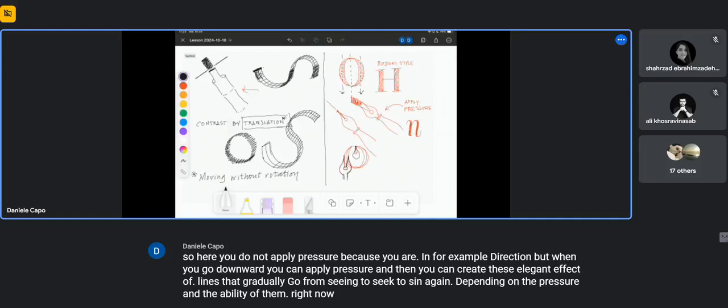Now, Noordzij calls this kind of contrast expansion.